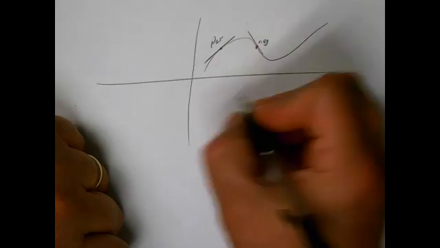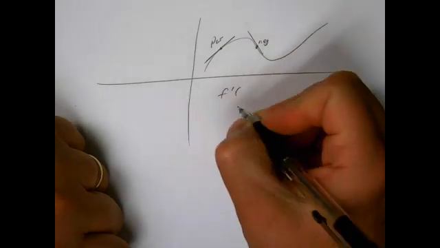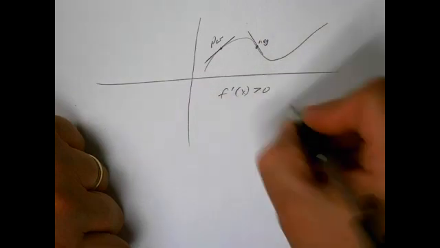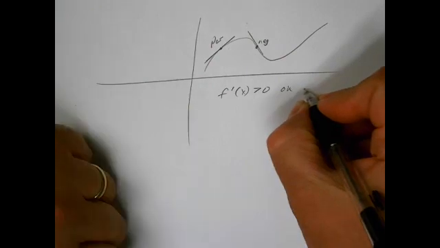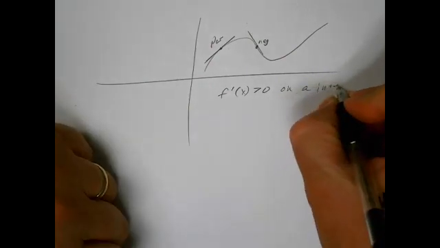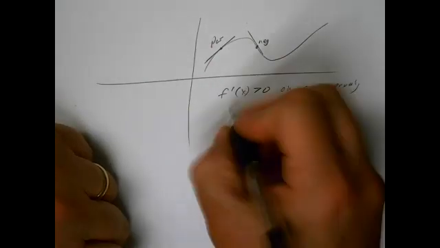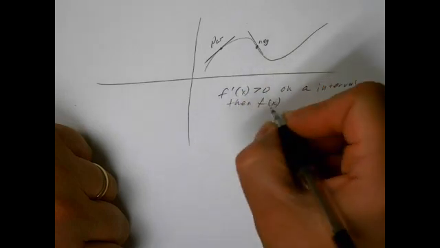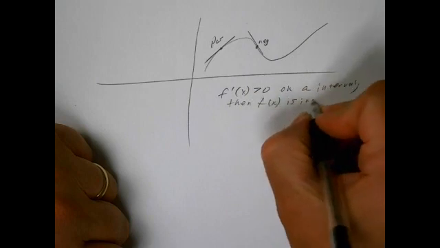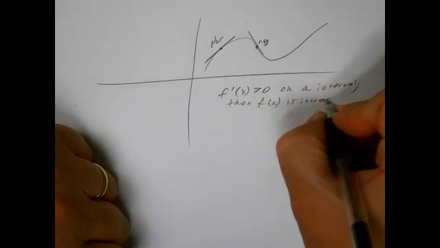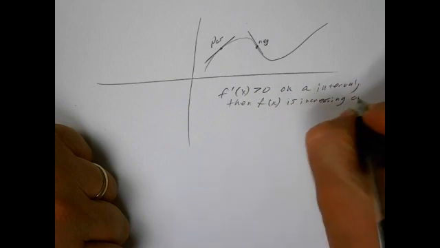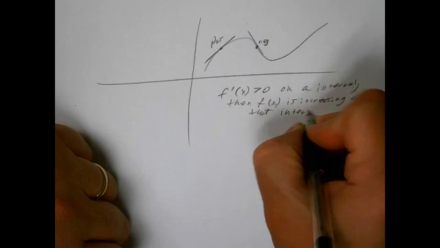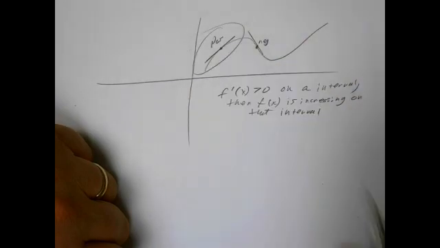So the first derivative tells us that if f prime of x is greater than 0 on some interval, then the original function f of x is increasing on that interval. All right, like it was doing right here.